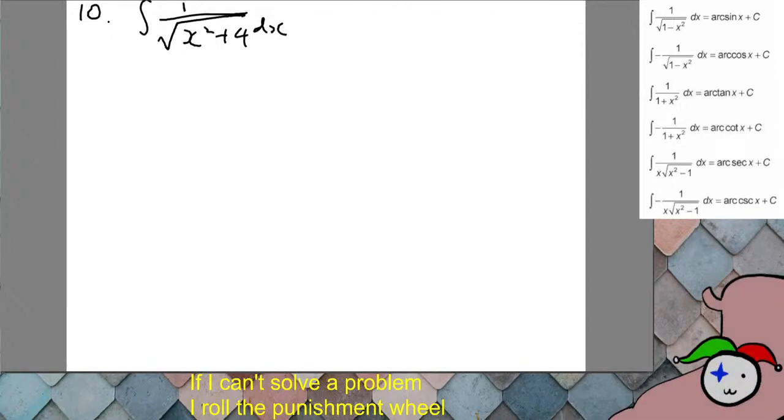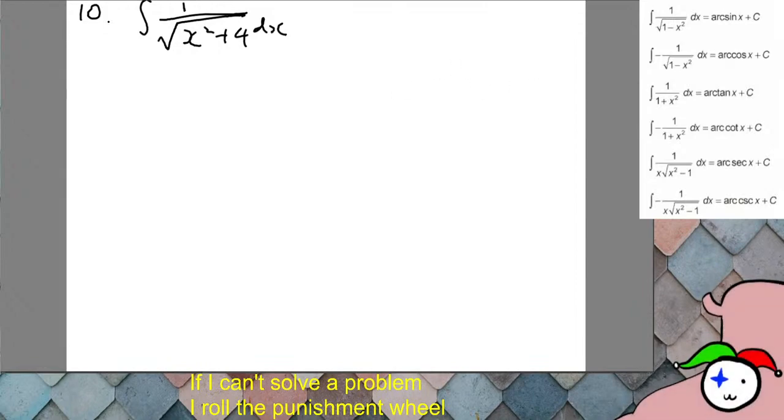So if we let tan theta equal, we want 2 tan so that we can get the square to be a 4 factor in the front. So 2 tan theta equals x. So you have x squared equals 4 tan squared of theta.